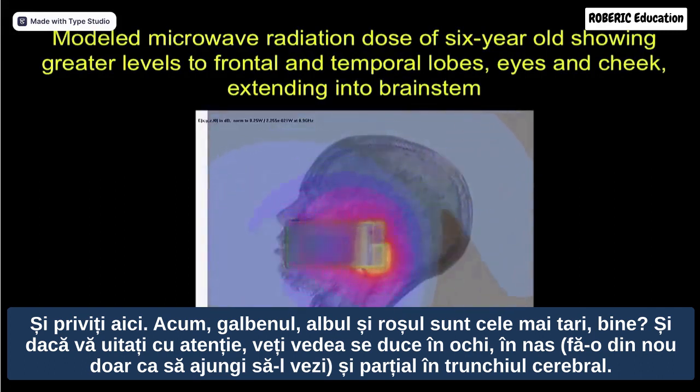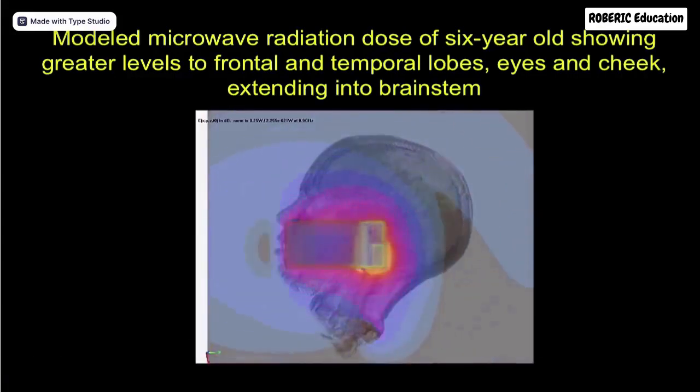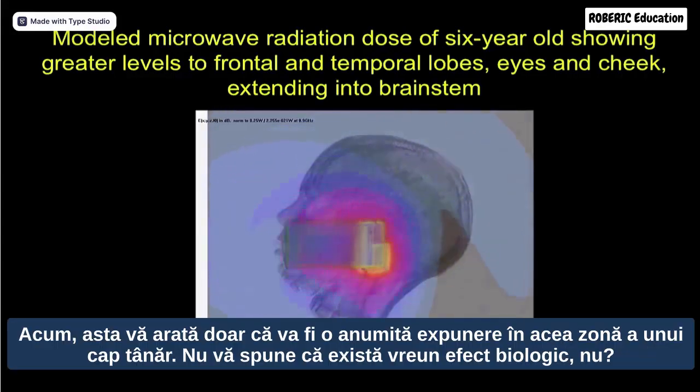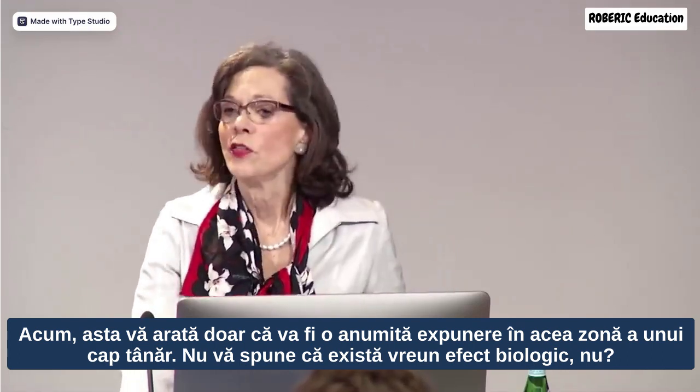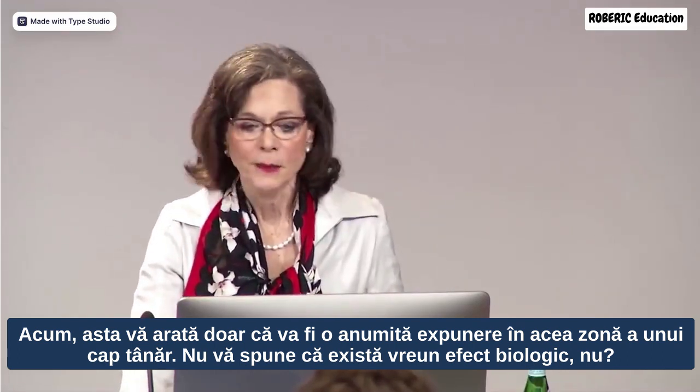And if you look carefully, you will see it's going into the eye, the nose. Do it again, just so you'll get to see it. And partly into the brainstem. Now, that's just showing you that there's going to be some exposure into that area of a young head. It doesn't tell you that there's any biological effect, right?